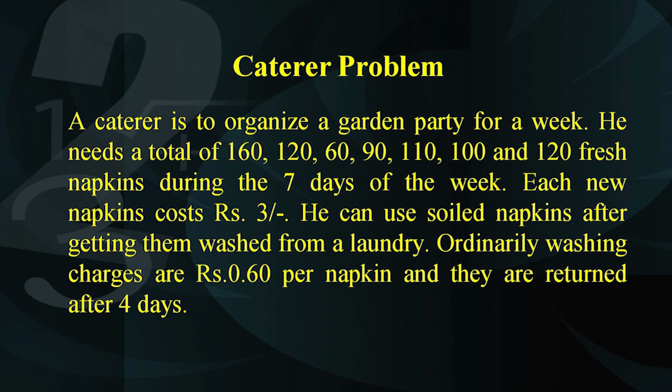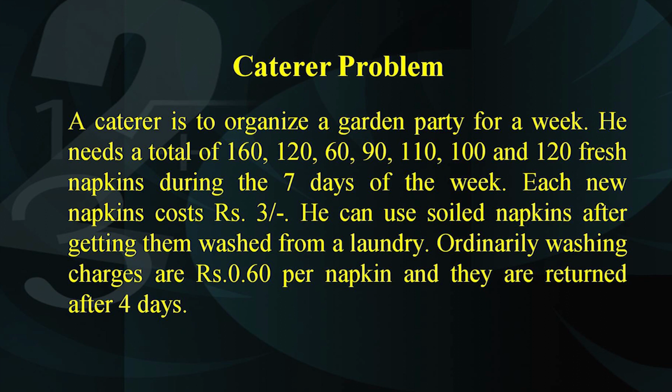So, he needs a total of 160, 120, 80, 90, 110, 100 and 120 fresh napkins during all the 7 days of the week. Each new napkin costs him rupees 3. He can use the soiled napkins after getting them washed from a laundry.